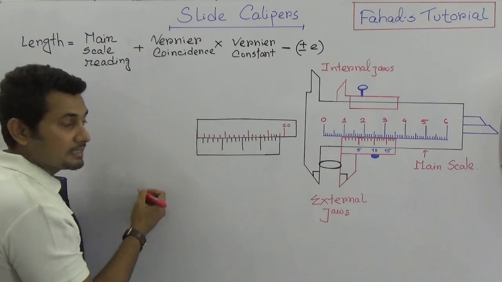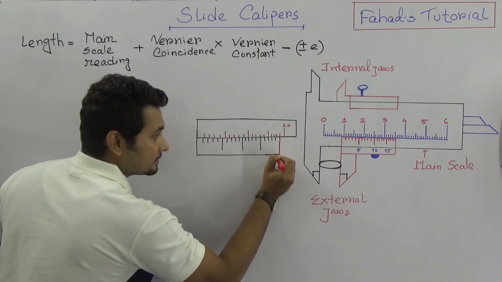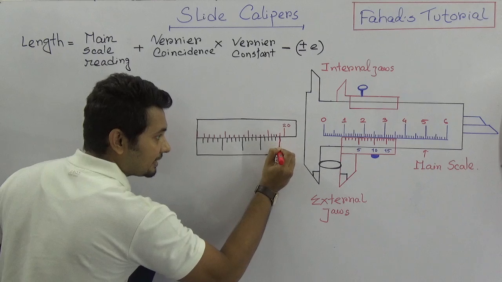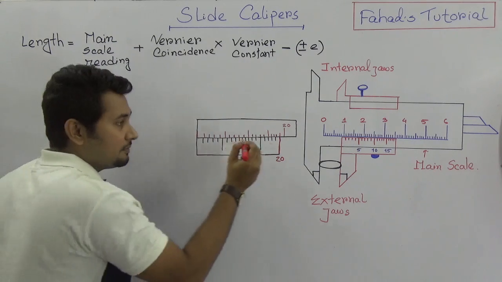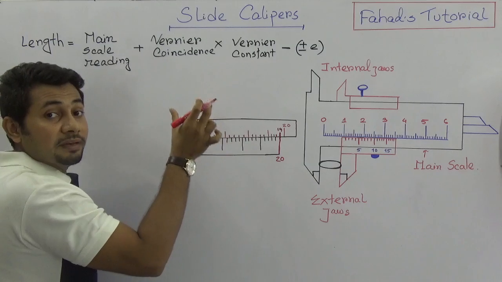It means that this 20th space of the Vernier scale is equivalent to the 19th space of the main scale.